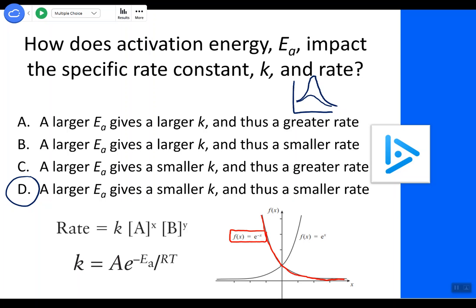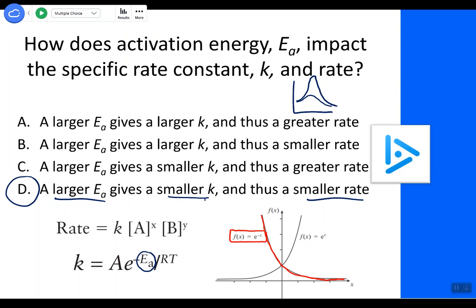The little activation energy, that reaction can proceed a lot faster. But that big activation energy is going to result in a smaller reaction rate, which means a smaller specific rate constant.